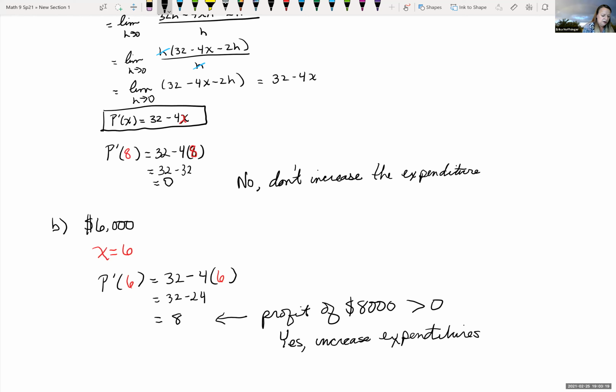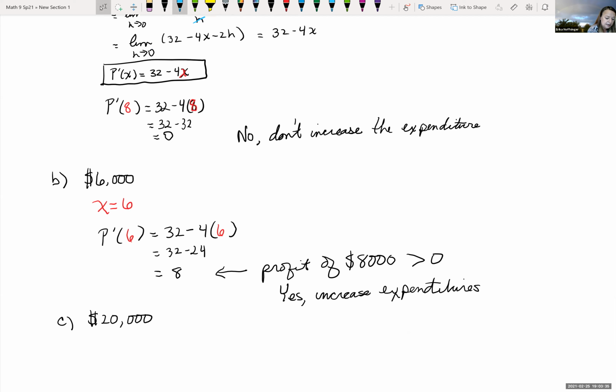Let's just do one more. Let's say that it tells us that our expenditure for x was $20,000. Again, x is in terms of thousands. So we're going to look at x equals 20 instead.